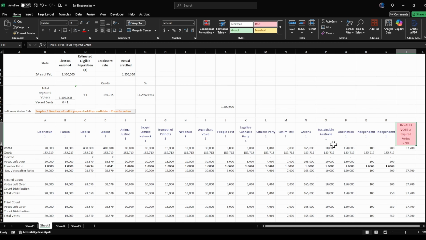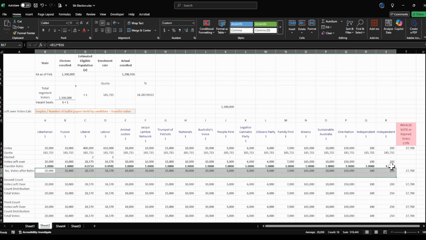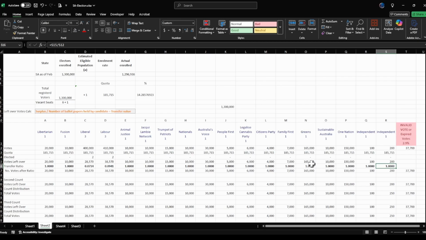Now, how does this all work? After this first count, we have votes left over, and we also have ratios that have been developed. You'll notice that the ratio for anybody who doesn't meet quota is a 1. So that means 1 vote equals 1 vote.